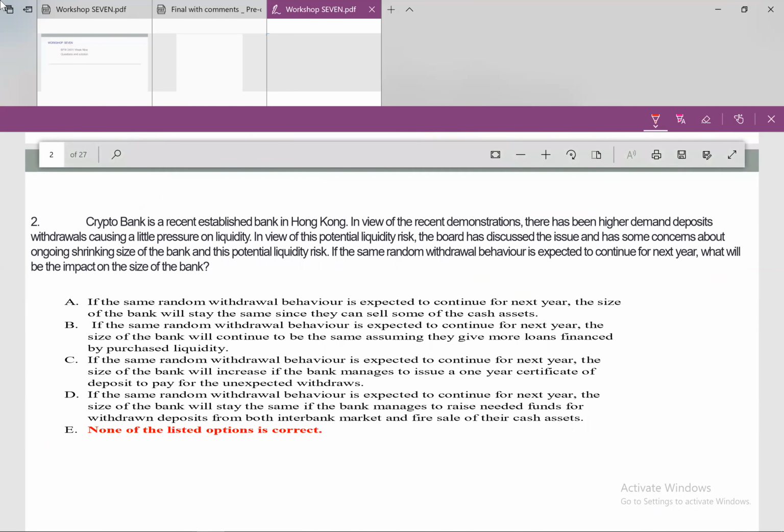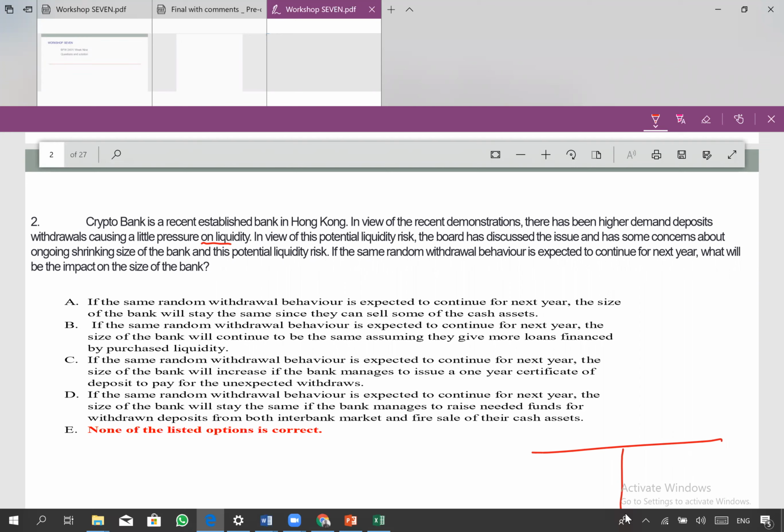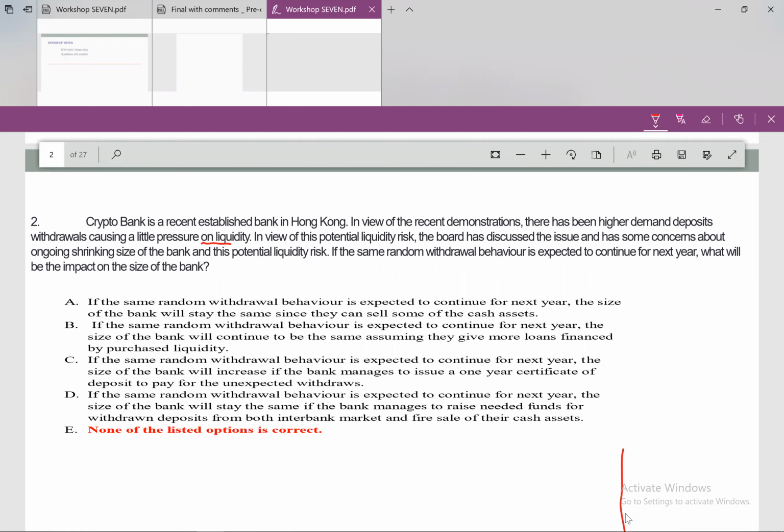Now, CryptoBank is a recently established bank in Hong Kong. In view of the recent demonstration, there has been higher demand deposits withdrawal causing a little pressure on liquidity. Fine. So we have this, the liability is dropping.